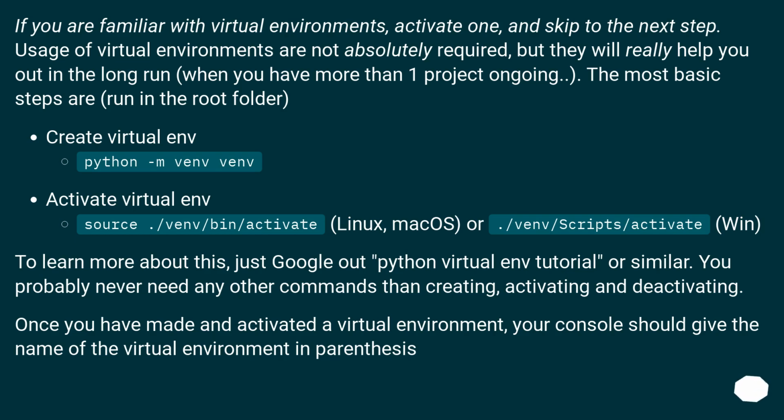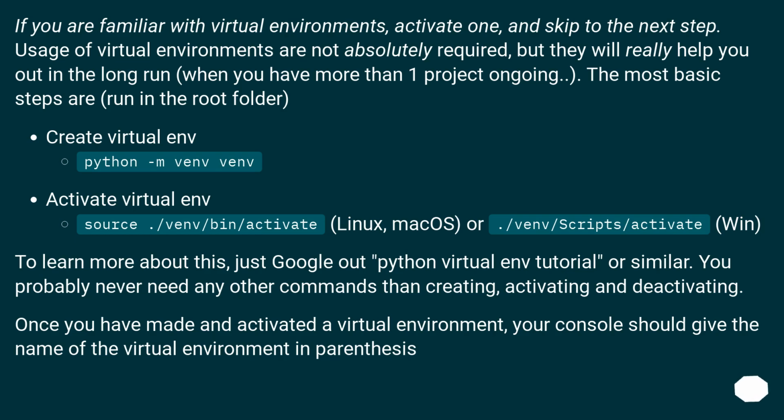The most basic steps are: run in the root folder, create virtual env, python -m venv, activate virtual env, source ./venv/bin/activate on Linux or macOS, or ./venv/Scripts/activate on Windows. To learn more about this, just Google Python virtual env tutorial or similar.